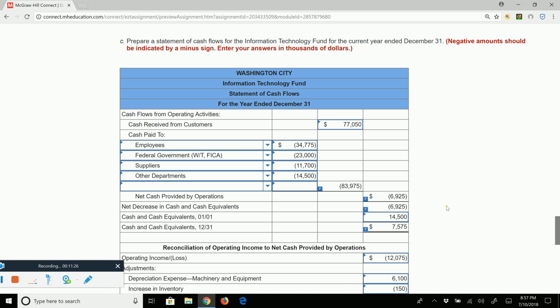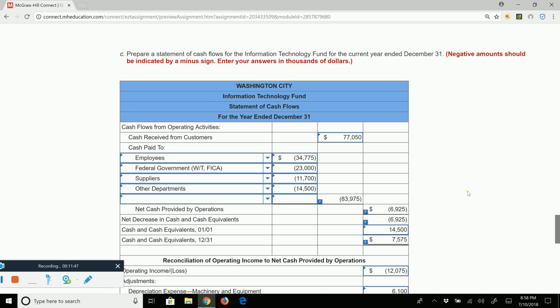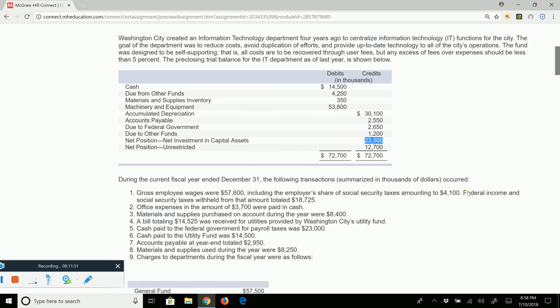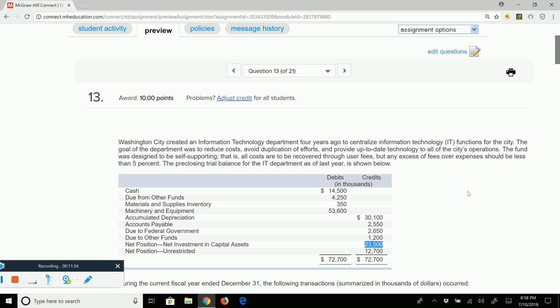There is no financing activities or investing activities or non-capital financing activities, so everything is operating activities for this particular cash flow statement. So hopefully by going through that you realize, wow, this is pretty simple, pretty straightforward. It really is. It's basic accrual accounting. Internal service fund is prepared is when one government department services the other.